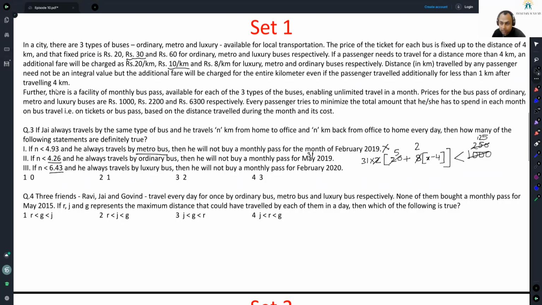Okay, so 125 by 31 gives me how much? 4 whole 1 by 31. And here I'm left with 2x minus 4. I'm just converting 31 into 2, 20 plus 8 into x minus 4. Yes, seems appropriate.